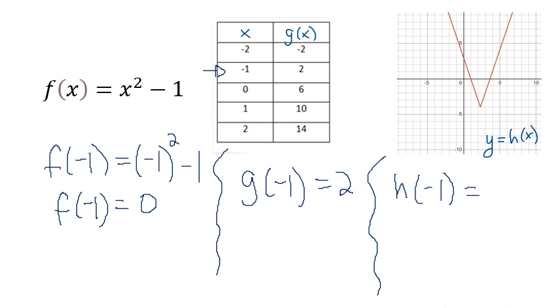So if I follow along this line, x is equal to -1, I will hit the graph at +6. f of -1 was 0, g of -1 was 2, h of -1 was equal to 6. This is how you evaluate using function notation.